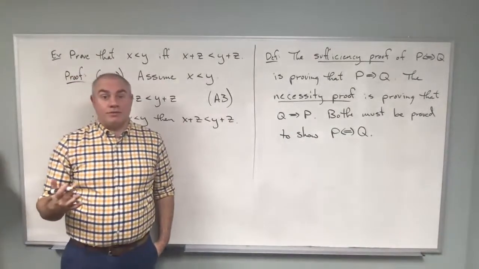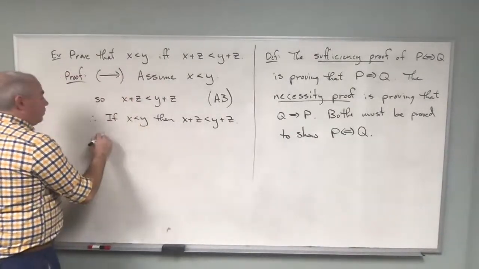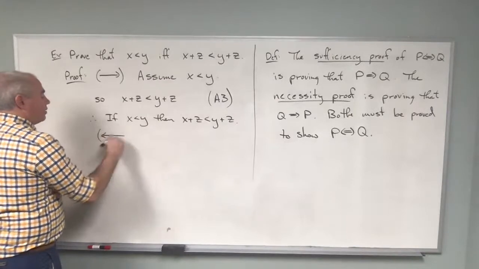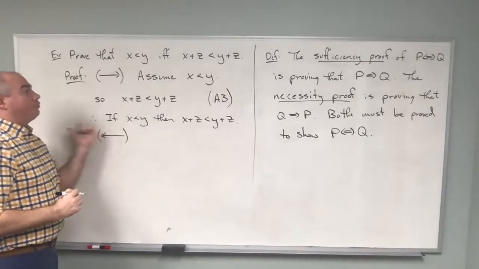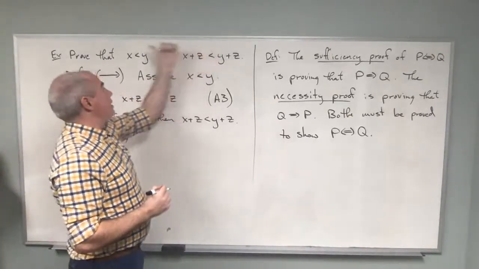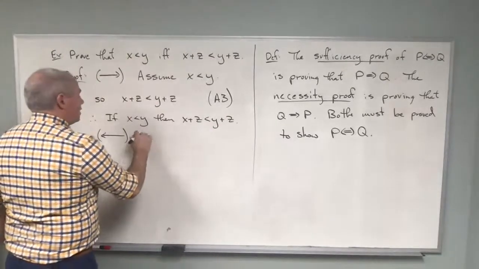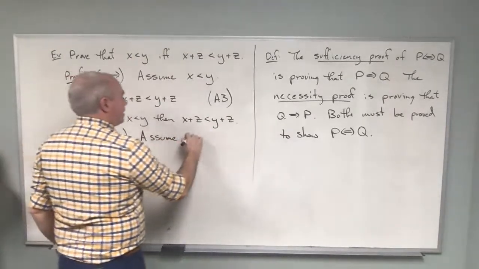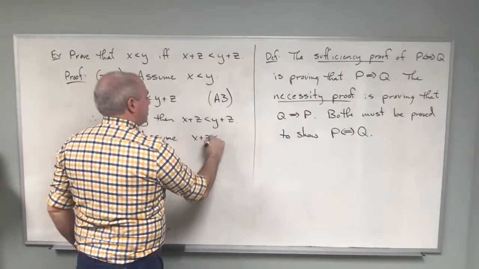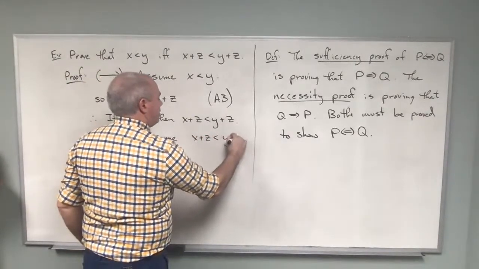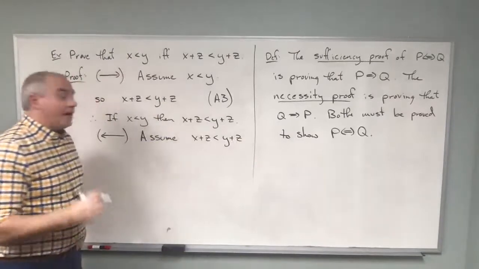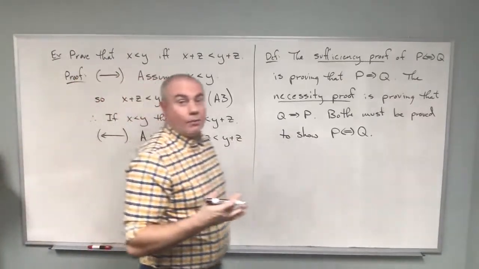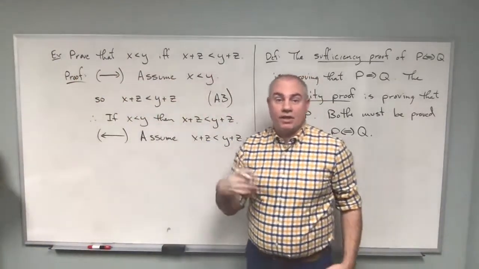Now I need to do the necessity proof, which now I'm going to draw an arrow facing this way to say I'm proving it starting here, going here. And so I need to assume that x plus z is less than y plus z. And I know I can still add anything I want to both sides of the equation.